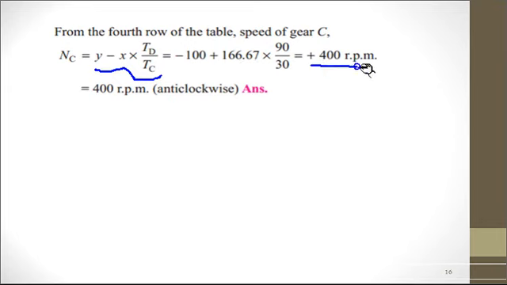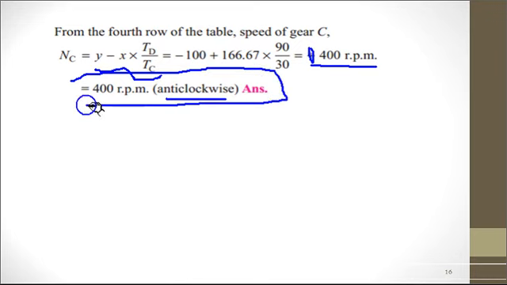We get the speed equal to 400 rpm. It is positive, and positive means anti-clockwise. So by applying this procedure, we calculate the speed of gear C: 400 rpm, rotating anti-clockwise.